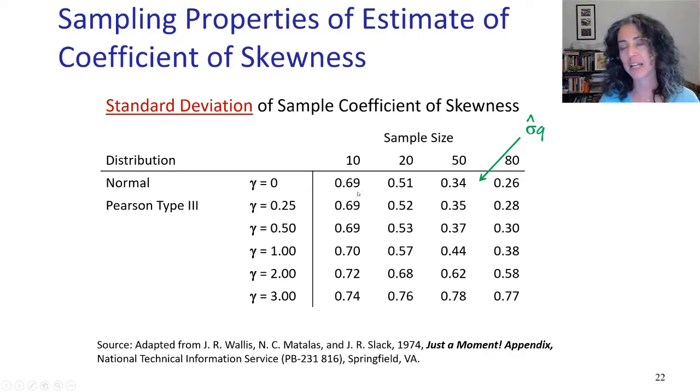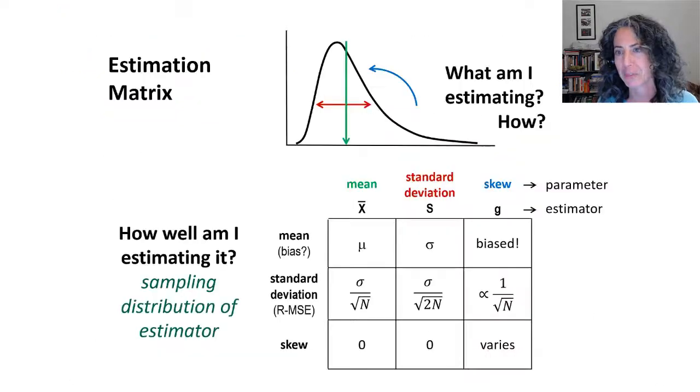And what we see is, not surprisingly, the standard deviation is decreasing as the sample size goes up, meaning our estimate is improving as the sample size gets larger. But as skew gets higher and higher, the improvement across the increasing sample sizes gets less until at skew of 3, it's almost negligible. Right, so that's just a little bit of detail about the sampling distribution of the skew coefficient. It is not one that is really advantageous for estimating.